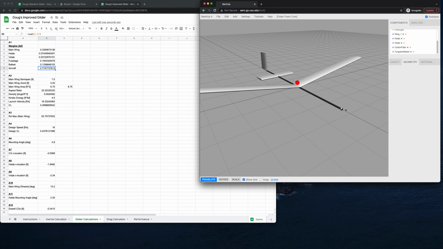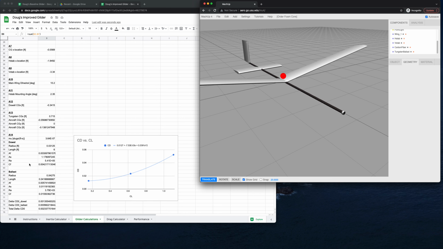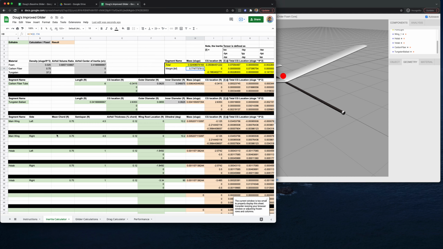We also did actually reduce the drag, and let's talk about that for just a second. Down here I've got these, like A14 is where I was computing the drag of the dowel and the ballast. And what I did here is I just linked this cell. This is the radius of the ballast. I linked that cell back over to the inertia calculator F17. So that's this tab right here, inertia calculator F17. So this is the outer diameter of the ballast.